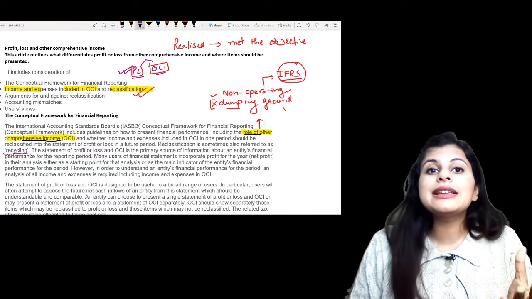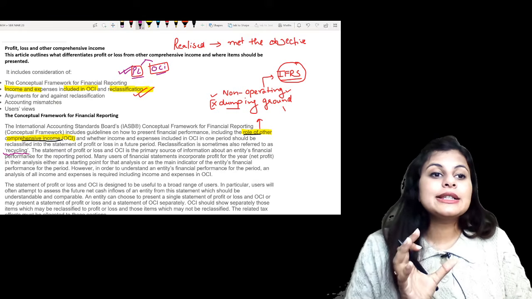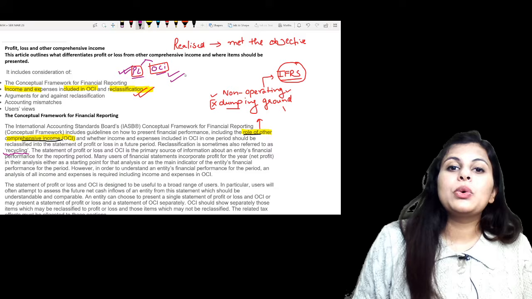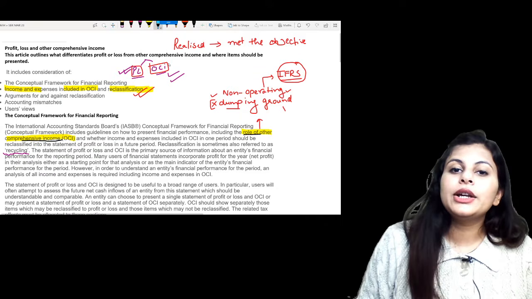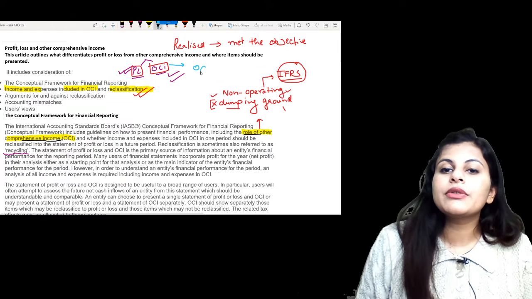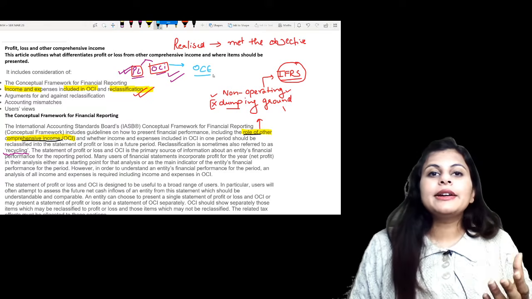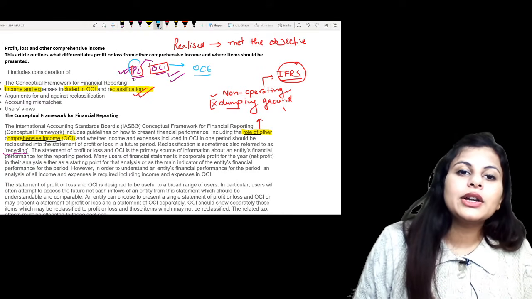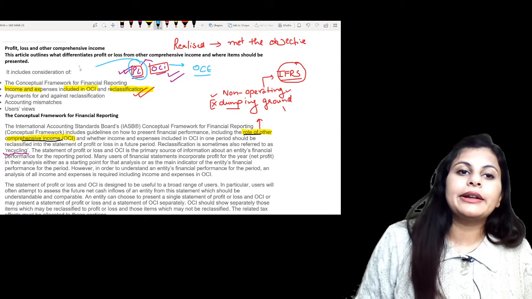Then what is reclassification? See, something which was recorded in OCI would have automatically gone to your other components of equity. Like every year end, what is the journal entry that you pass? You transfer the gains recorded in the P&L to retained earnings.